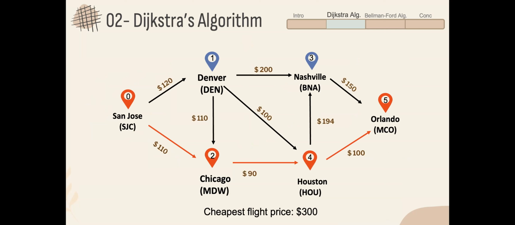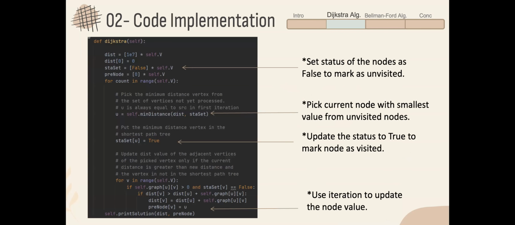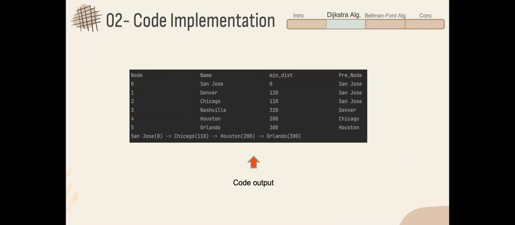So this graph shows the final route we found using Dijkstra's algorithm from San Jose to Orlando with the cheapest flight ticket of $300. This page shows the code implementation of Dijkstra's algorithm with some key point annotations. And here's the output of our code, which exactly matches the result of the graph we walked through earlier.